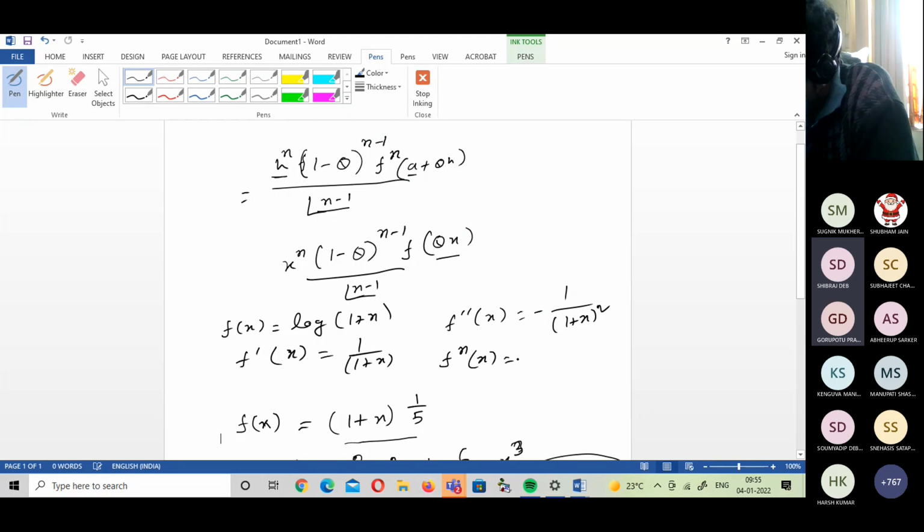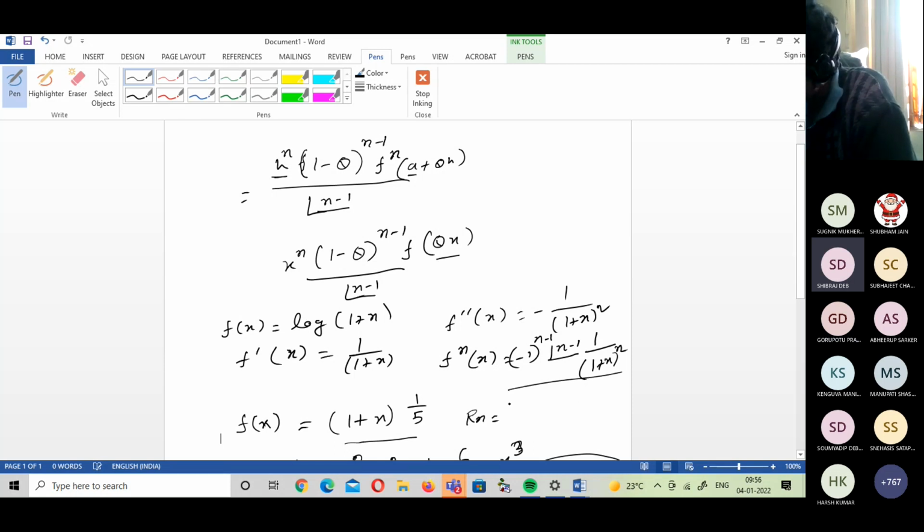Minus 1 whole power n minus 1 into factorial n minus 1 by 1 plus x whole power n. Then what will be Rn?